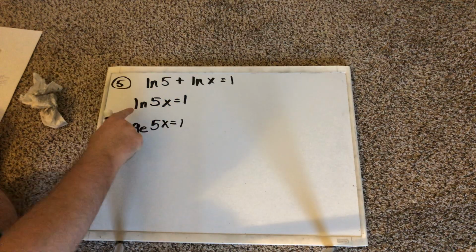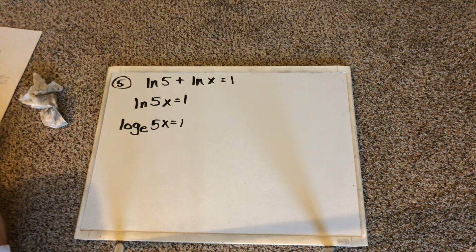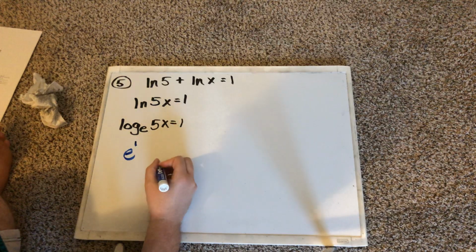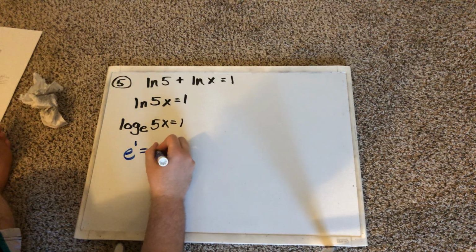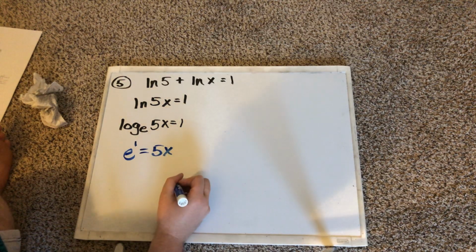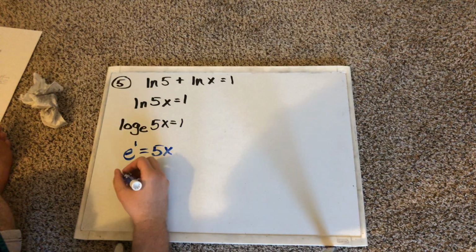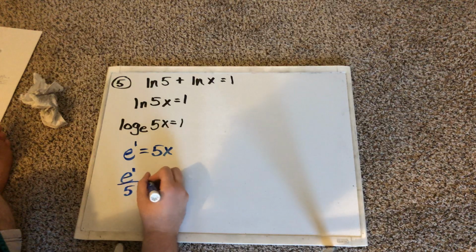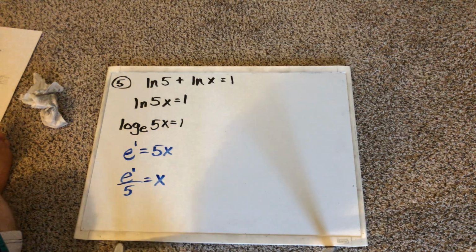So I just changed the natural log into log base e because those two things are equal to each other. And now it's in log form, I can change this to exponential form, saying e raised to the power of 1 equals 5x. To get x by itself, I'm going to divide both sides by 5.